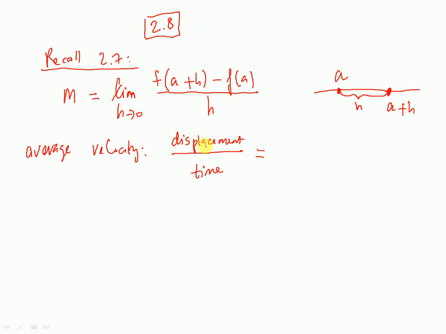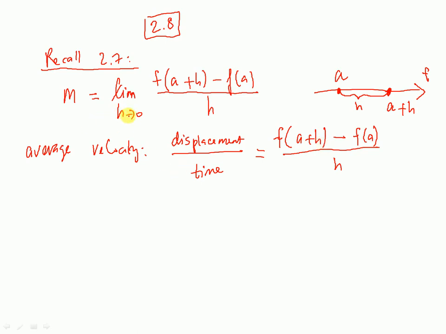Now the displacement is just, this is the function f, so the displacement is the function at the second point, f(a + h), minus the first point, f(a), and then over the distance between them, which is h. So this whole thing is really the displacement over the time.